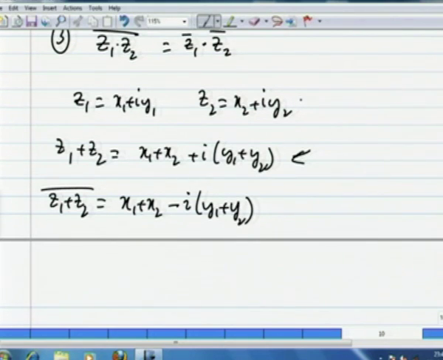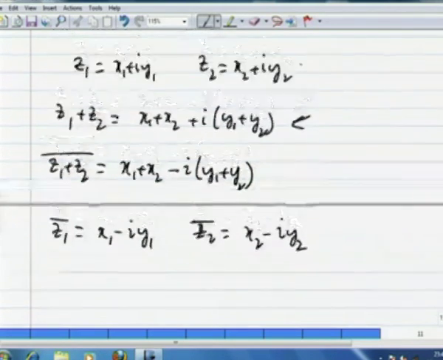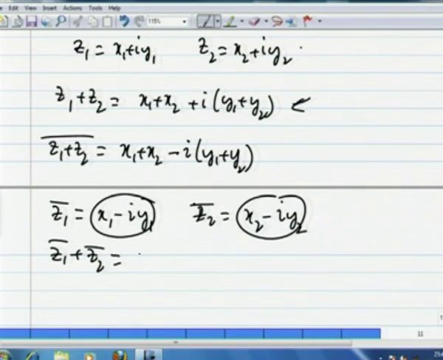And then Z1 bar, Z1 is x1 plus i y1. So, Z1 bar is x1 minus i y1 and Z2 bar is x2 minus i y2. So, Z1 bar plus Z2 bar is the addition of these two complex numbers, which gives you x1 plus x2 minus i times y1 plus y2.